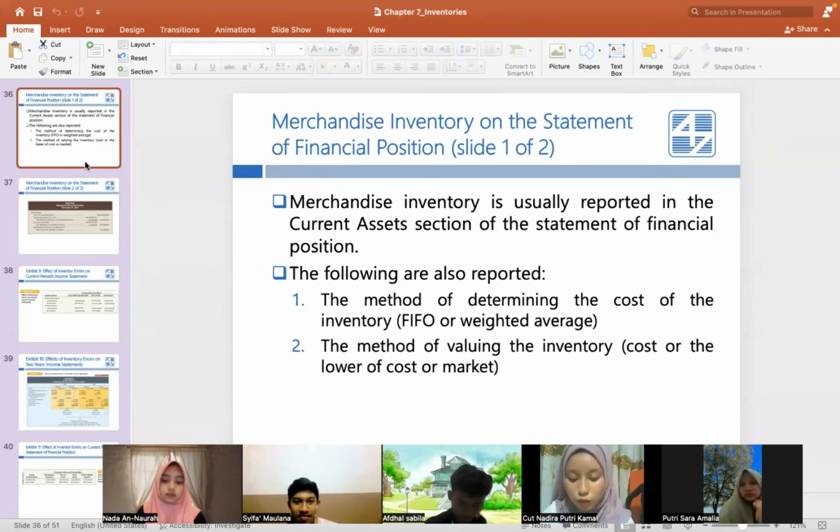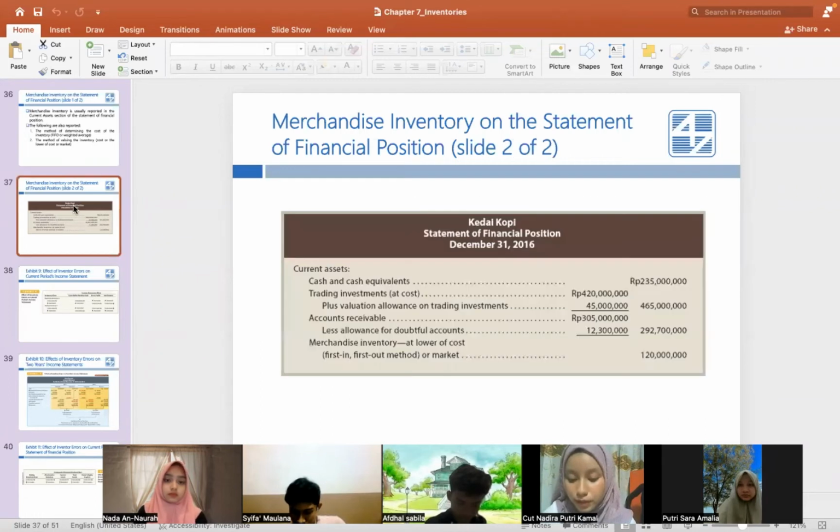It is FIFO or weighted average. And secondly is the method of valuing the inventory, either cost or the lower of cost or market. And the next one is merchandise inventory on the statement of financial position.